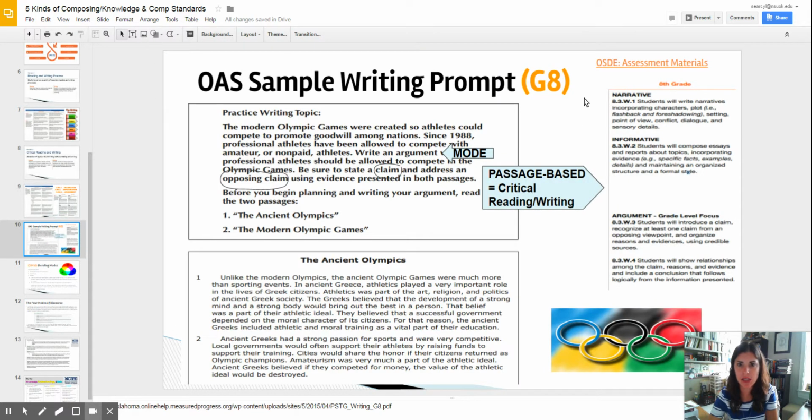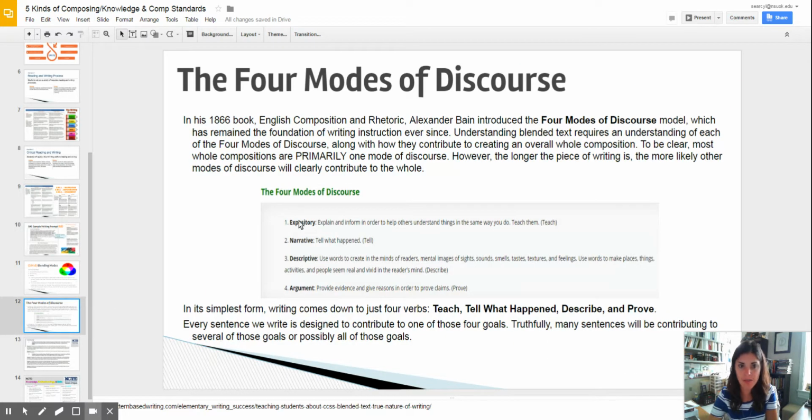So I thought this was a great example to show the standards, the expectations of what students should know and be able to do while integrating those 4 modes of discourse.